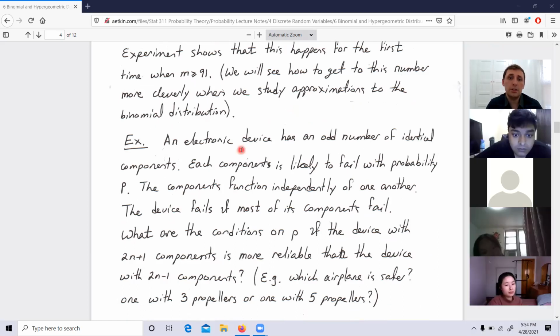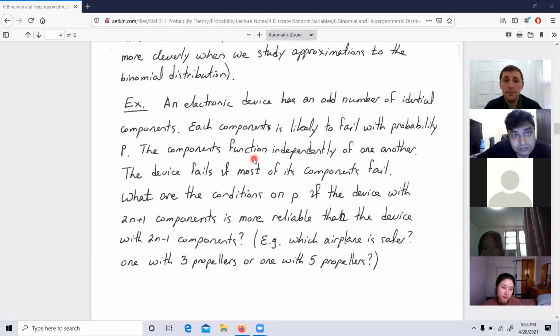So an electronic device has an odd number of identical components. Each component is likely to fail with probability P. The components function independently of one another, and the device fails if most of its components fail. What's the condition on P if the device with 2n+1 components is more reliable than the device with 2n-1 components?